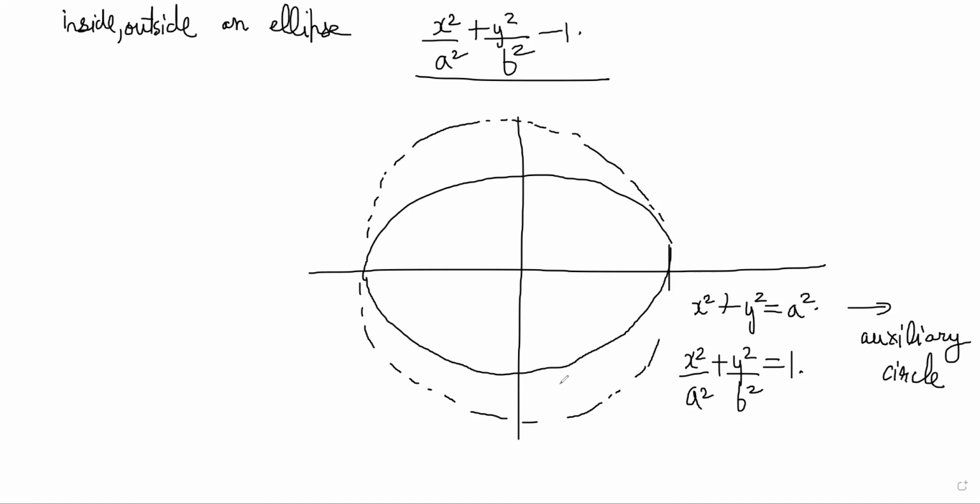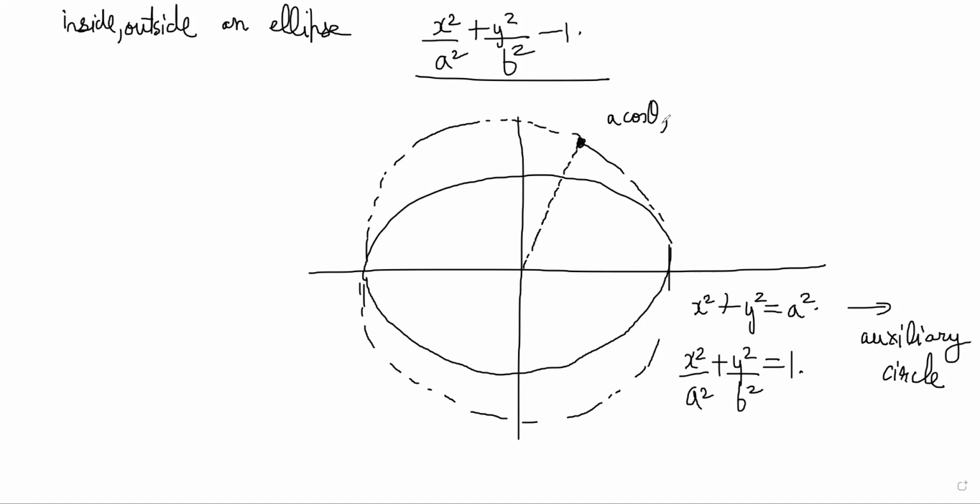Because we will say that any point P on the auxiliary circle, you can join it to the origin and you can say that this point would be a cos theta, a sin theta, right?